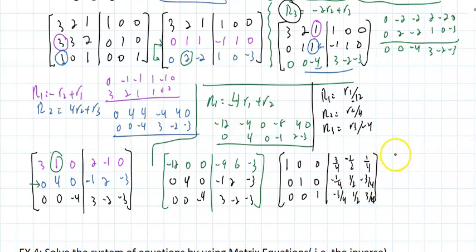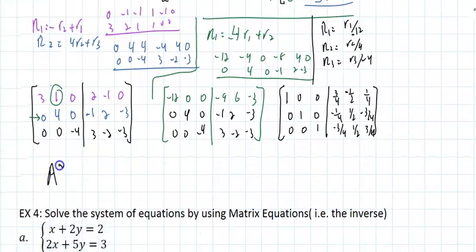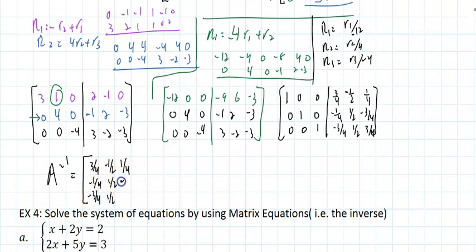So the inverse matrix of A is actually 3 over 4, negative 1/2, 1/4, negative 1/4, negative 3/4, 1/2, 1/2, negative 3/4, and 3/4.